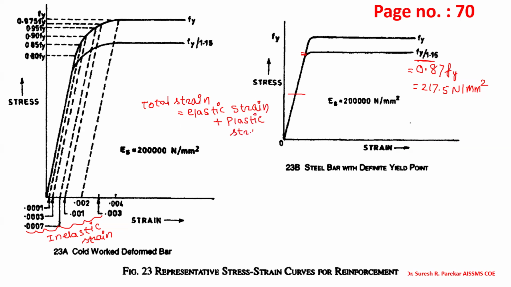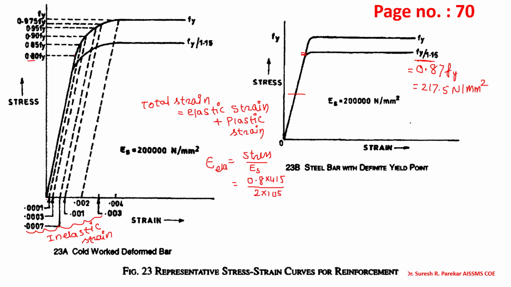From where will we get the elastic strain? We have epsilon elastic equal to stress upon ES. Now from where will we get the stress? The first value we have is 0, and for the next we have 0.85 Fy. You can see over here, the elastic value is 0.8 Fy, 415, and ES is 2 into 10 raised to 5. This is elastic. And then what will be the total?